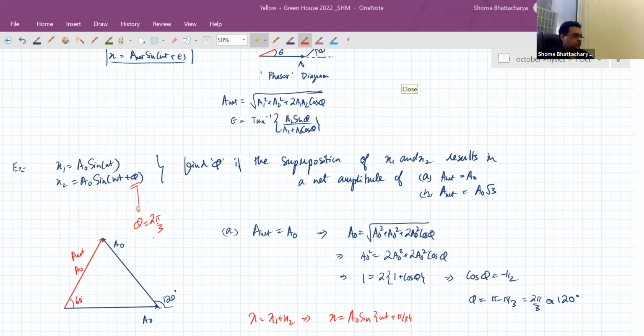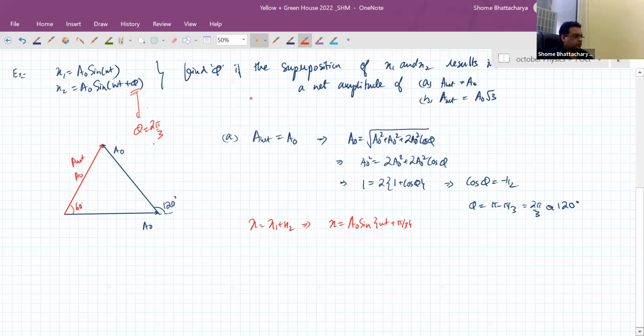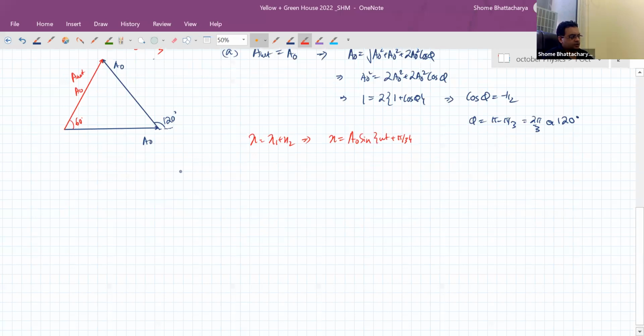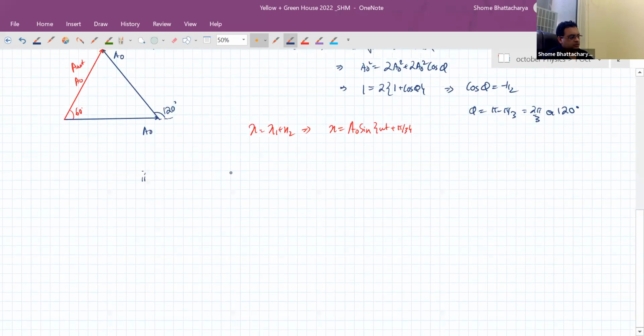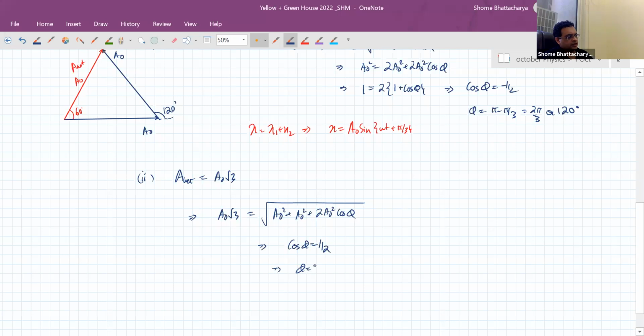Yes, very good, Tantrish. Answer is correct. For second part also, it's just a very similar process. Second part, you just substitute the net amplitude as this. So in the formula, you get this. From this, you will get cos phi as half when you solve the whole thing. So phi will be pi by 3 or 60 degrees, and your phasor diagram correspondingly will be looking like this.